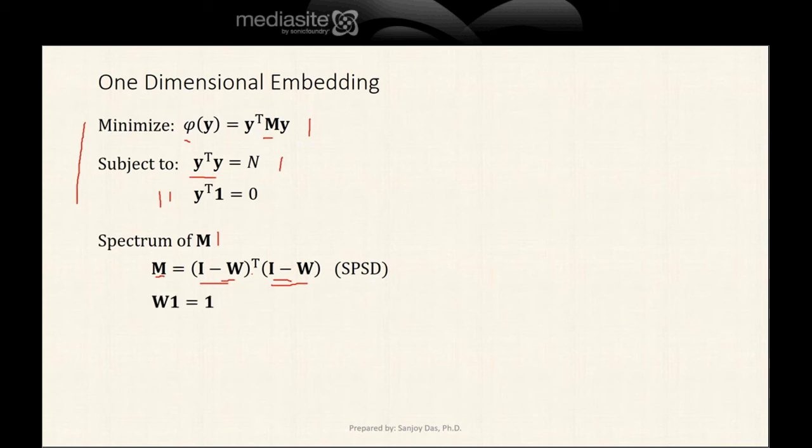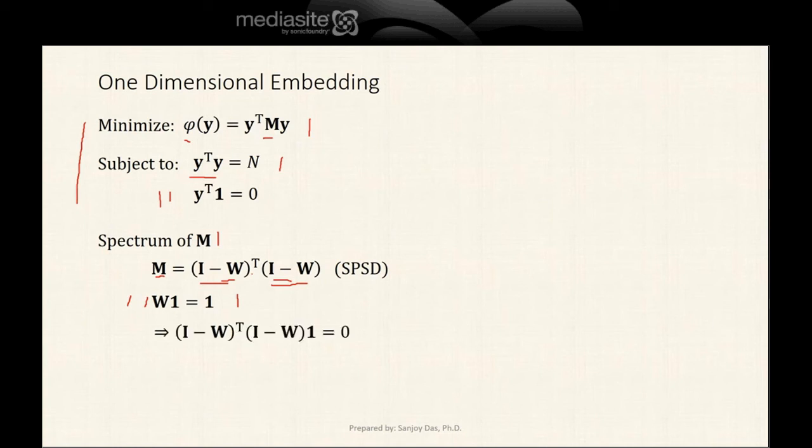Now, W times 1 equals 1. We know this. How? Because the summation of the weights along each row of our W matrix should add up to 1. We know that the summation of Wij equals 1. From that we get this expression, W times 1 equals 1.